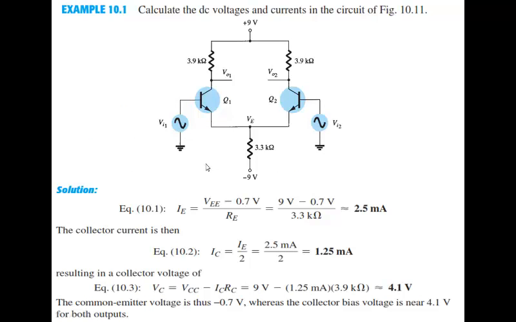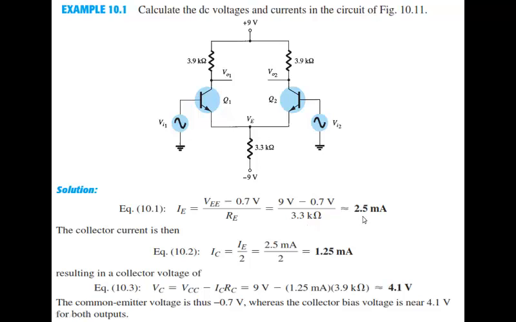Then by using the component values and the given DC supply voltages, we can compute the values of these DC currents and voltages of the differential amplifier by using the equations derived in the previous slide. So IE would be equal to VEE minus 0.7 divided by RE, which is 3.3 kilo ohm.